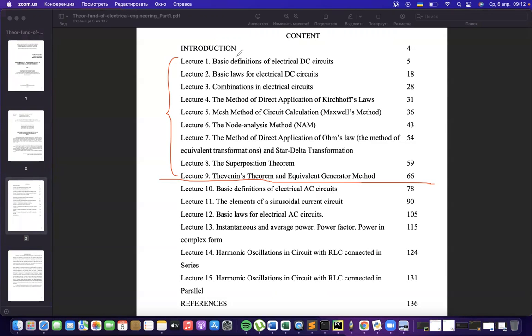Starting from the basic definitions, what physical functions we are using to describe an electroenergetical system, and the main equations such as Kirchhoff's law and Ohm's law, and the methods of transforming these equations in a simpler way to solve some electrical tasks, to find currents, voltages, and powers in our electrical system.